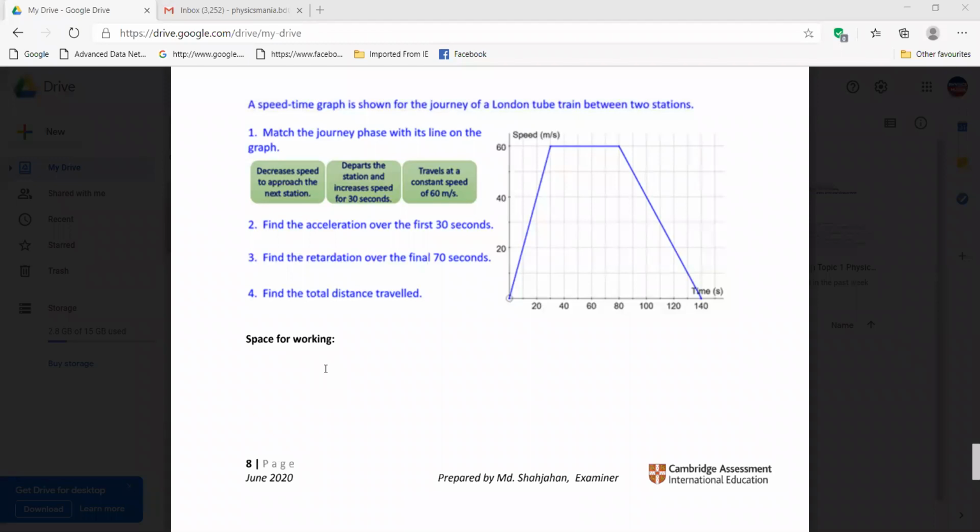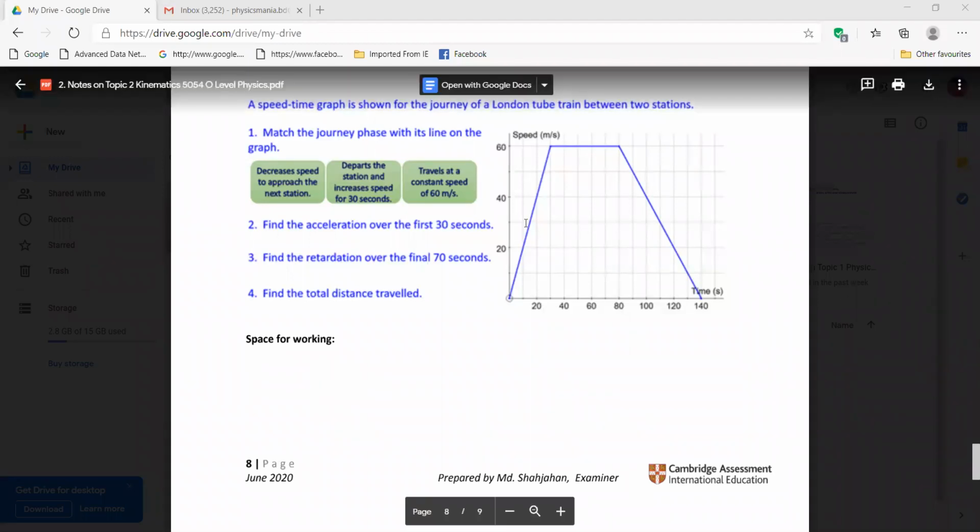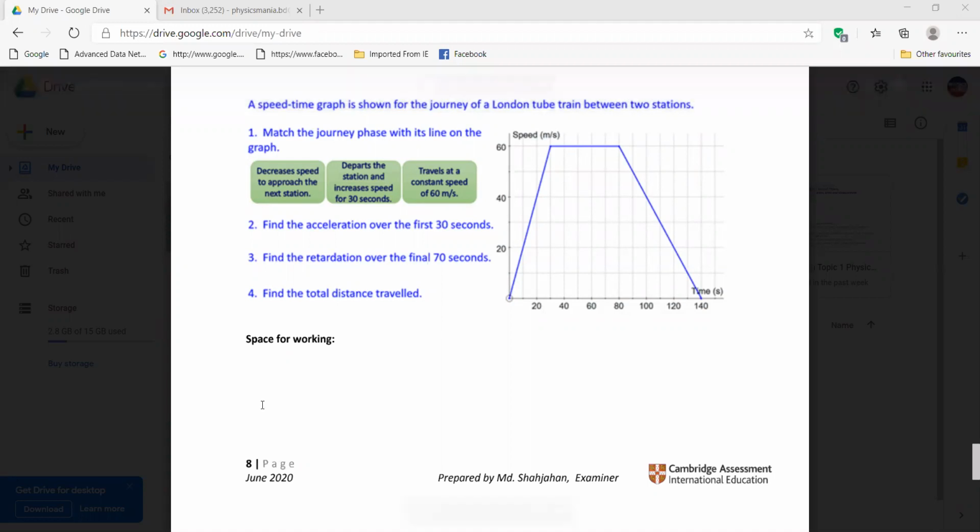That one, the second one, decelerates. Can you show which one? Yes, this part. Okay, great. Then the last one is very easy to understand, right? Flat line, constant speed. Now, the second question: find the acceleration over the first 30 seconds.